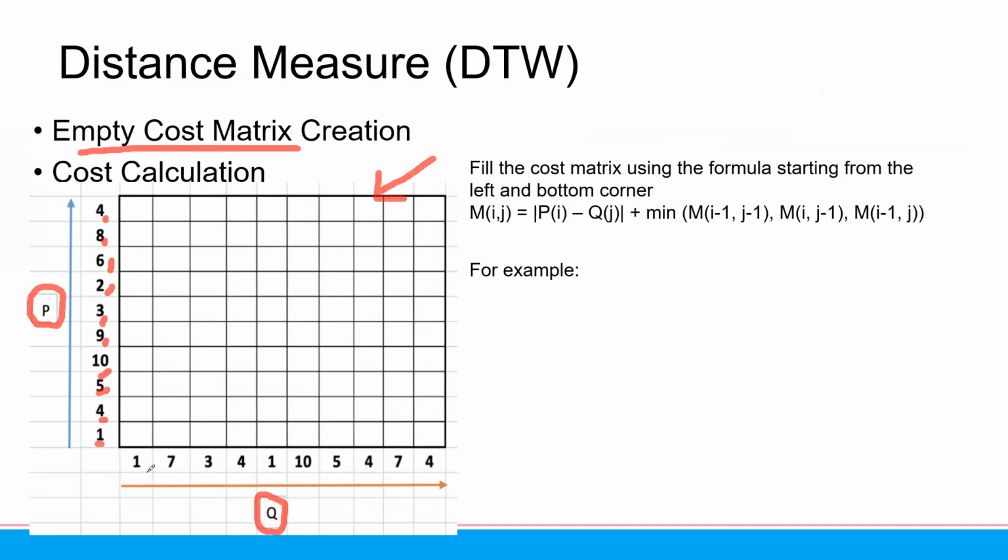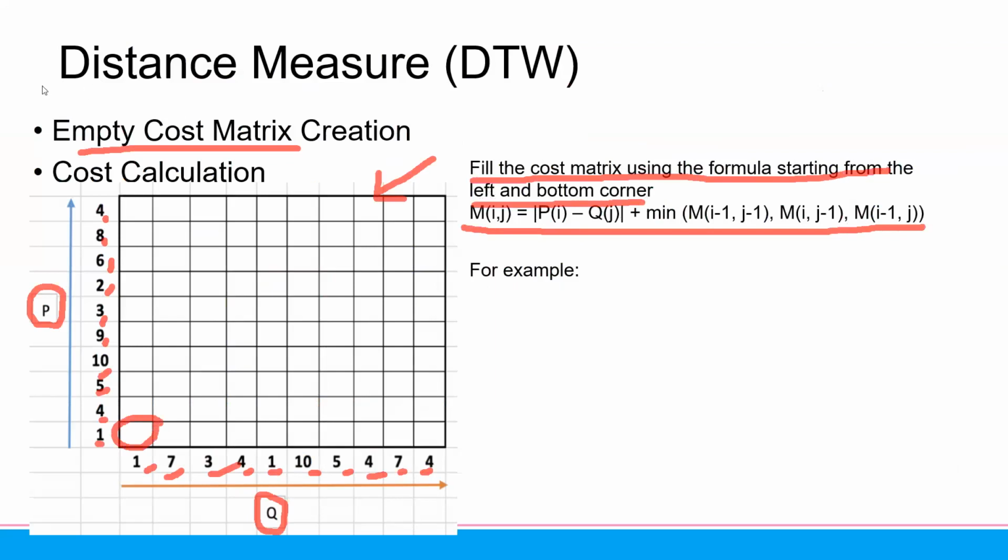And then this is the data for Q. It's 1, 7, 3, 4, 1, 10, 5, 4, 7, and 4. Fill the cost matrix using the formula starting from the left and bottom corner. So we need to fill in from this lower left bottom corner. And then we will use this formula.